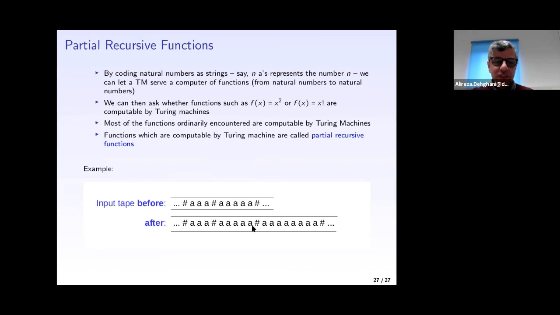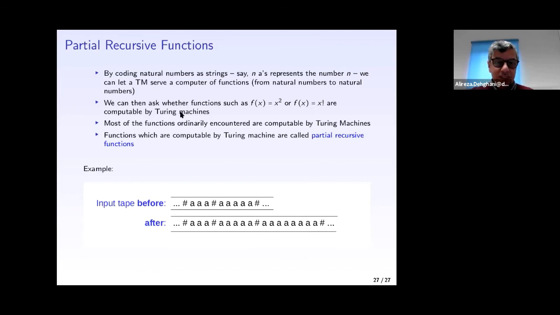So if that's the string we have on the tape, 1, 2, 3, 1, 2, 3, 4, 5, that's 3 plus 5. You can have a string like that on the tape of your machine, and if you halt when you are at a blank, that means you are doing the summation. Interesting.